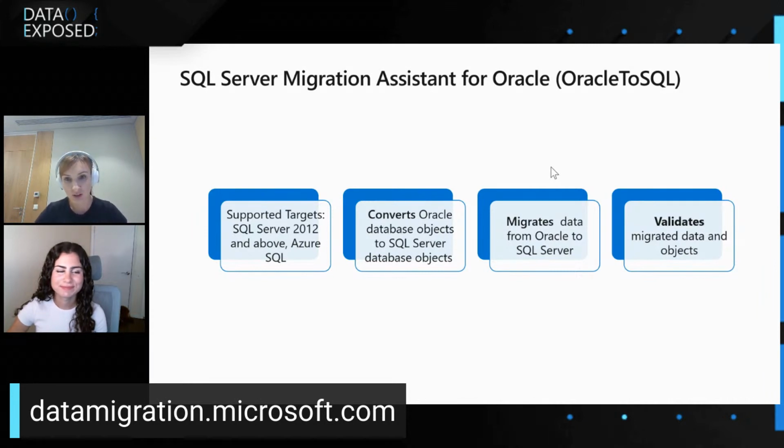But what I wanted to mention here is that it also has a validate functionality that would allow you to test the data post-migration, basically validate and make sure the hashes of the rows match and the result set of execution of a stored procedure or function is the same. We have a video recorded on that, so you can watch it on Data Exposed and see all the details there.